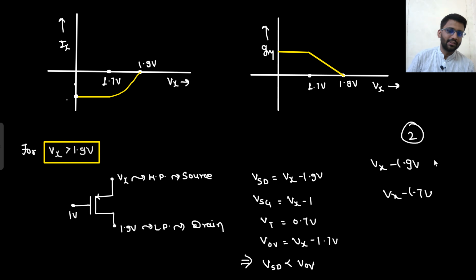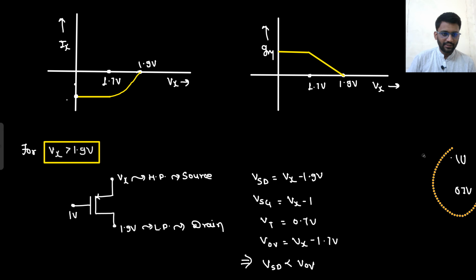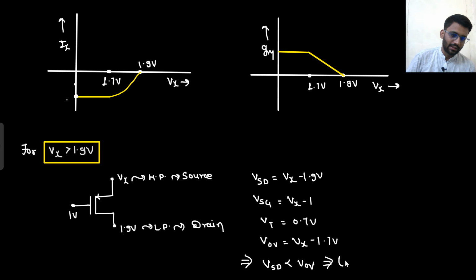Let's just say if Vx is 2, this value will be 0.1 volt and this value will be 0.3 volt. So this value is greater, and that value is V overdrive. So V overdrive is greater. If V overdrive is greater, that means it is working in linear region.